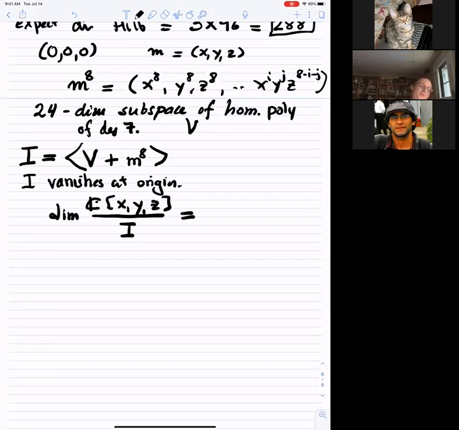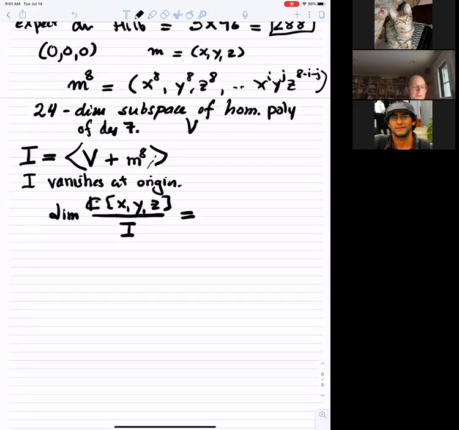So what did I do? I killed all polynomials of degree 8 or more, and then I killed the subspace of the polynomials of degree 7. So I have the constants left: a one dimensional vector space. There are 3 linear forms. Then I have quadratic forms.